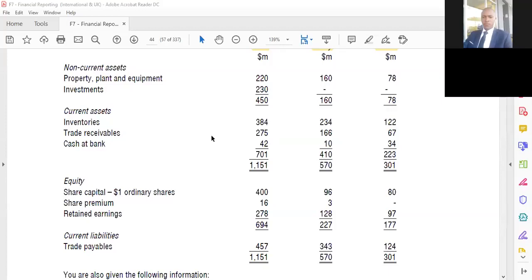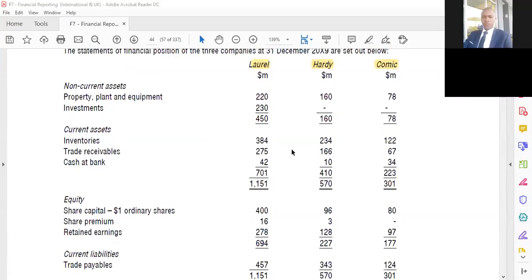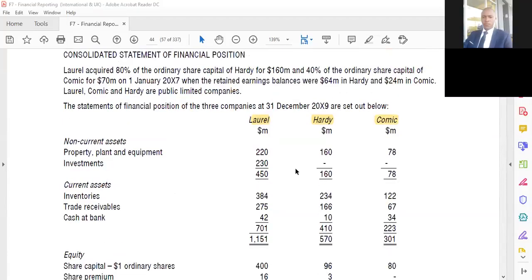Now, this question is a group accounts question. It's the ACCA question. Now, in group accounts, I want to mention that there are just things that you must be able to know as a student to understand group accounts.